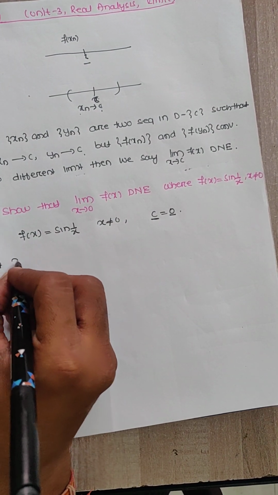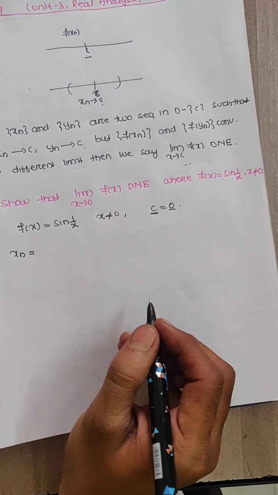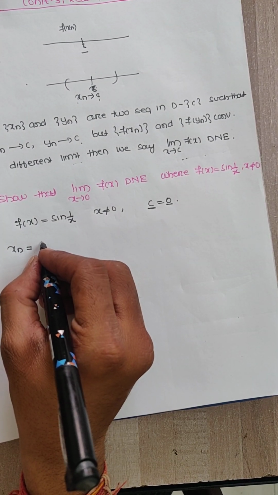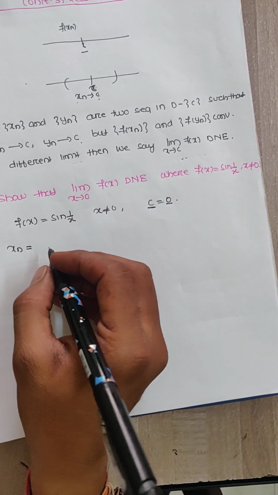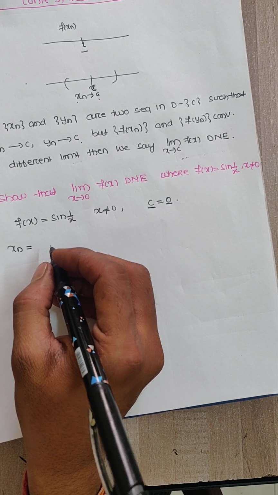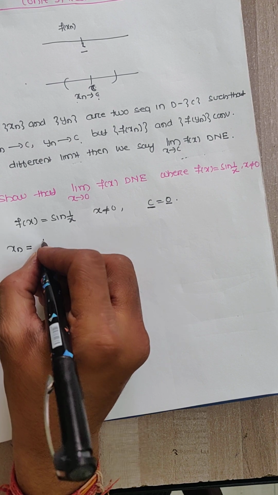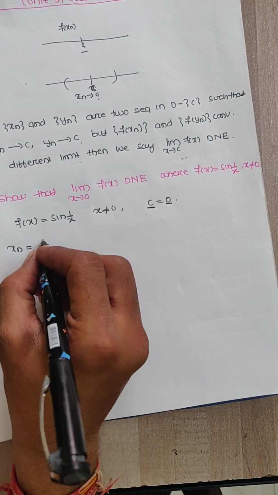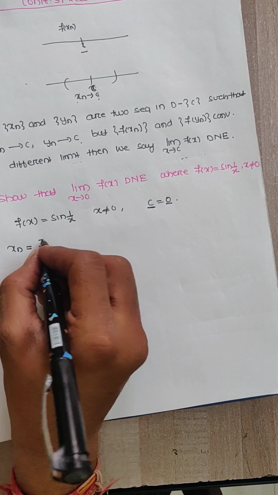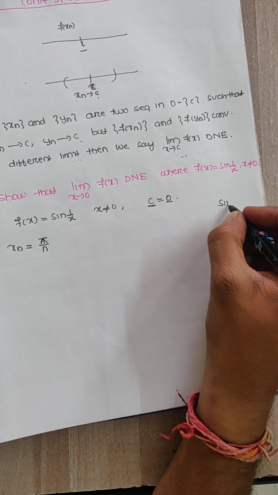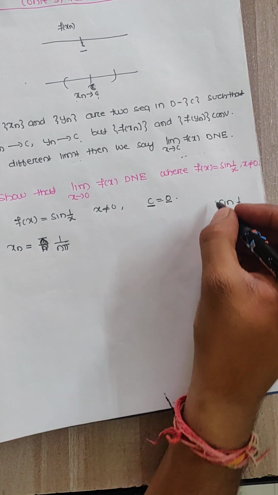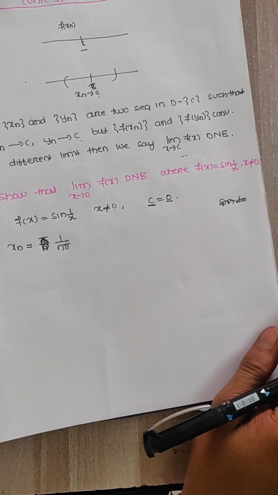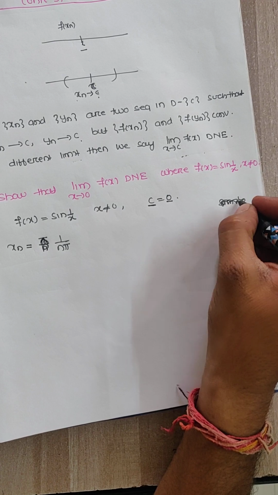Let xn be equal to, I take, since sine n pi is 0, xn equal to 1 by n pi.